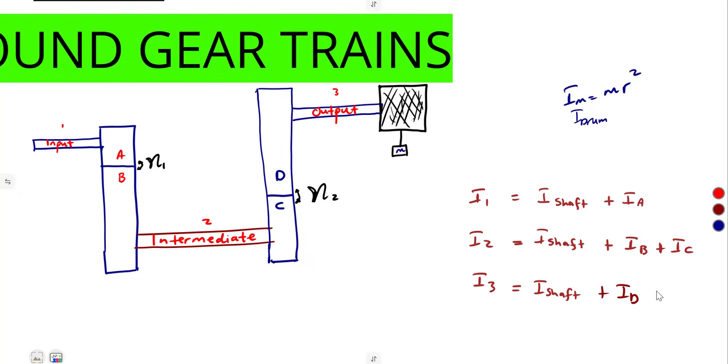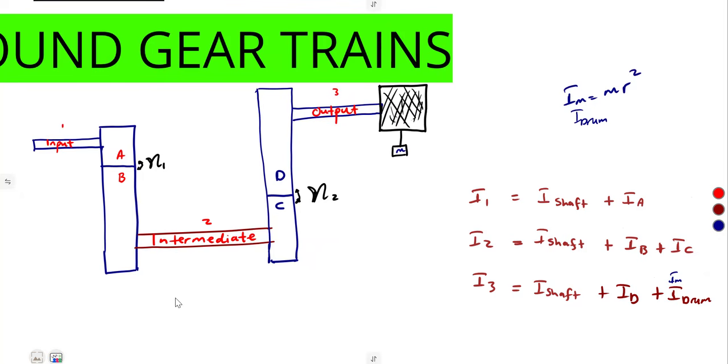So let's just write plus the moment of inertia of what? Of the drum, because it has a mass. So that will be our Im for that given mass. So those are now referred to as total moment of inertia for that one, two, three.